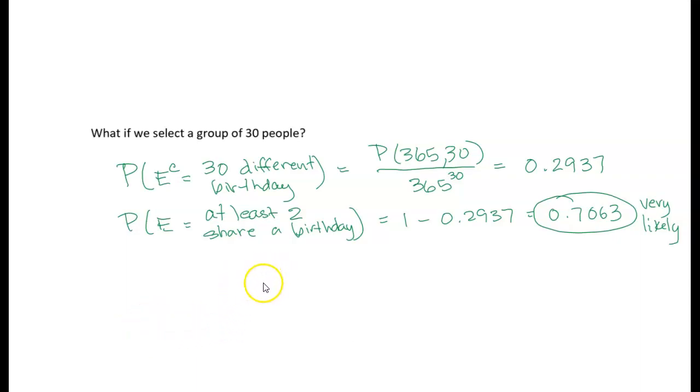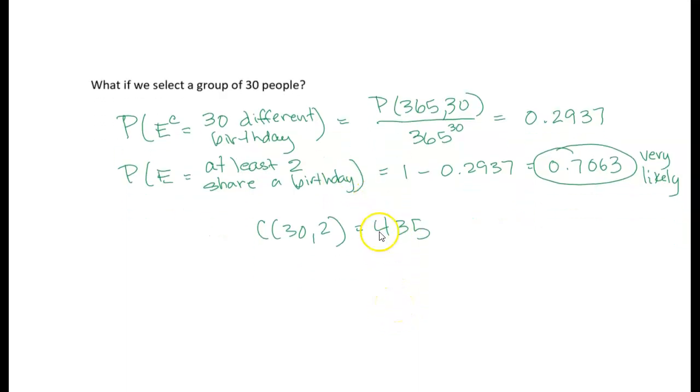How many ways can I take 30 people and choose a pair of people? It turns out to be 435 pairs. If you think about it that way, then maybe it's more likely, because now we're just trying to find at least one pair that shares a birthday, and we've got 435 pairs of people.